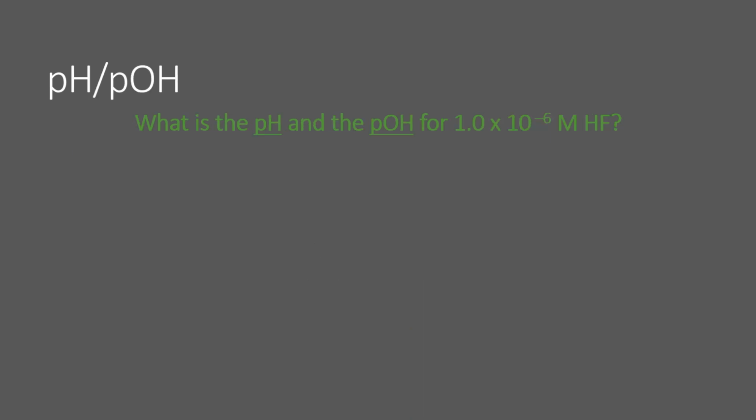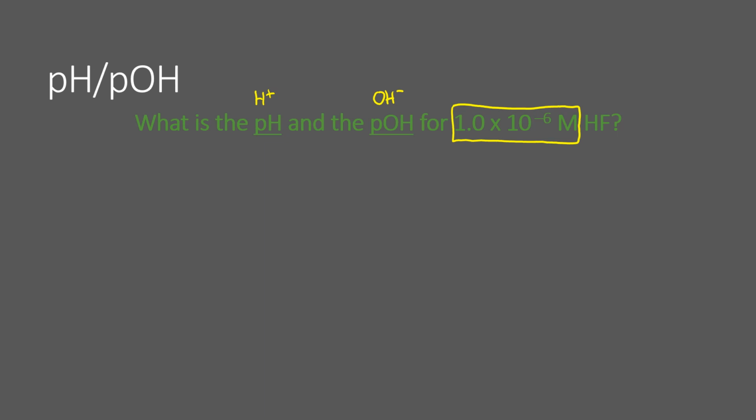What is the pH and the pOH for 1.0 times 10 to the negative 6 molar HF? So what is this concentration describing, y'all? Is it describing the H plus concentration or the OH minus concentration? It doesn't state specifically what it is.